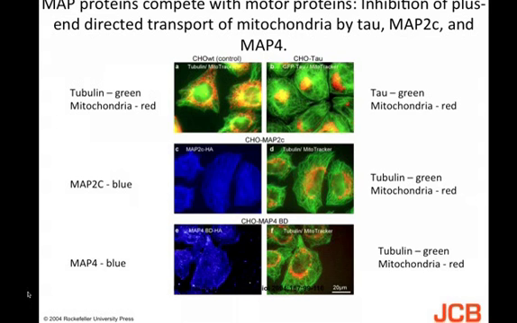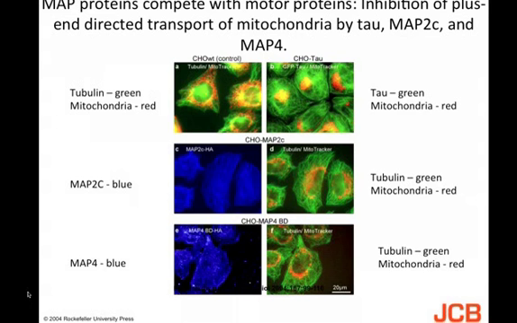If you understand that motor proteins bind to organelles and walk along microtubules, you can imagine how throwing a bunch of tau into a cell, it's going to bind all over the microtubules and prevent movement of motor proteins. So that's one level of regulation of motor proteins.